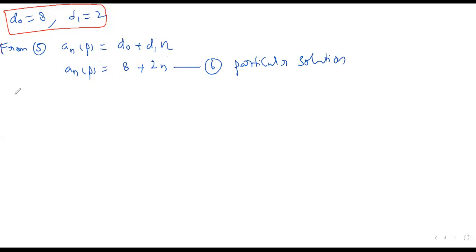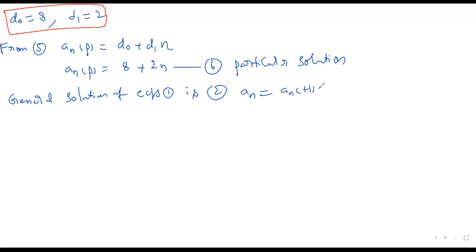So therefore, the general solution of equation 1 is equation 2. What is equation 2? Equation 2 means the solution a_n equals a_n^(h) plus a_n^(p). a_n^(h) you already calculated.